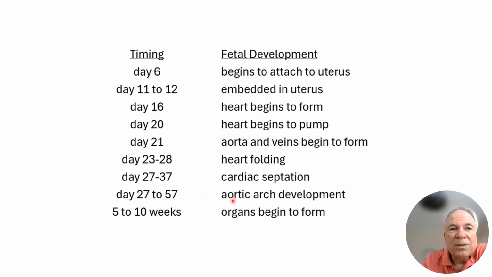These early days are very, very important in cardiac formation. Overall, weeks 5 to 10 of pregnancy is when the organs begin to form. So that's when it's critical that exposure to certain substances doesn't occur during pregnancy, because they can cause defects in other organs in the body.